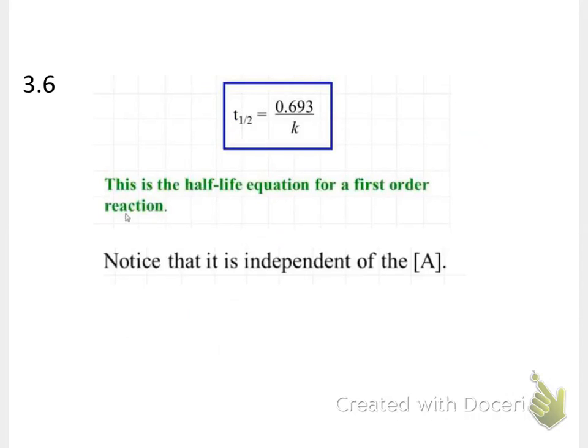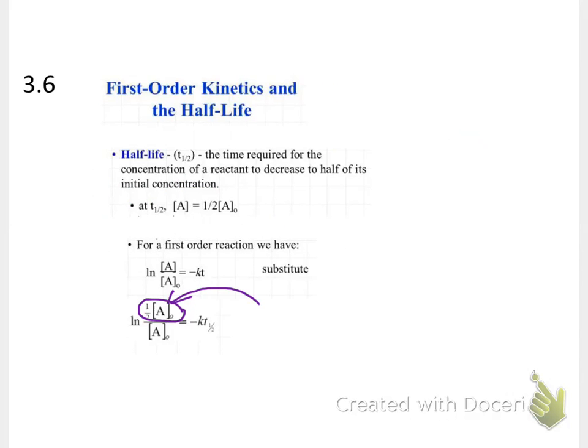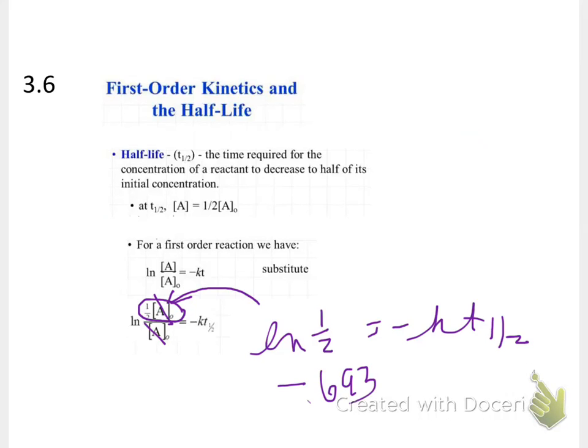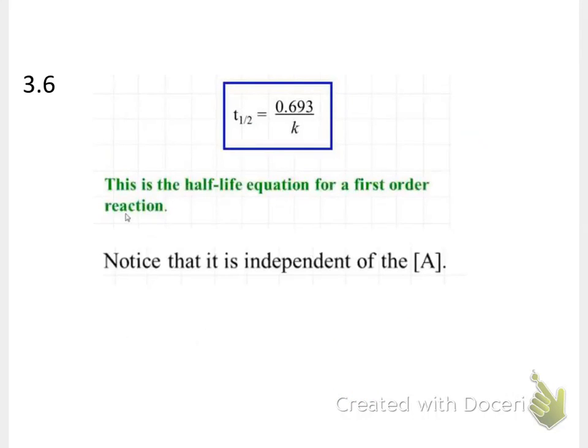If we do that, we can cancel A naught, and we end up with the log of 1/2 equals minus k t to the 1/2. And the log of 1/2 is minus 0.693. So we can rearrange this equation now, and this is what we get.